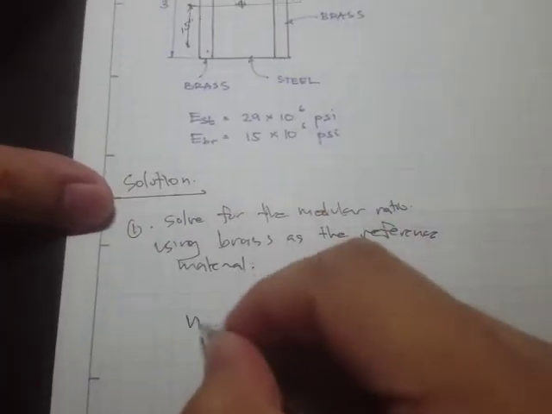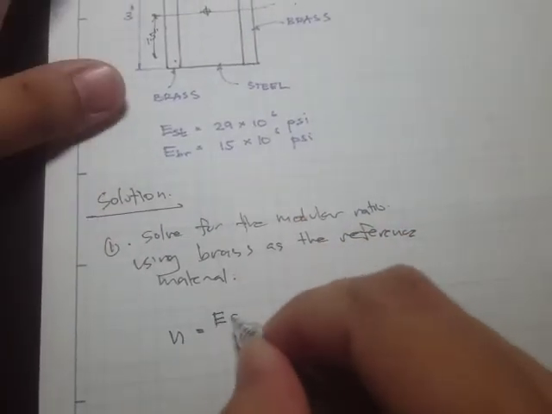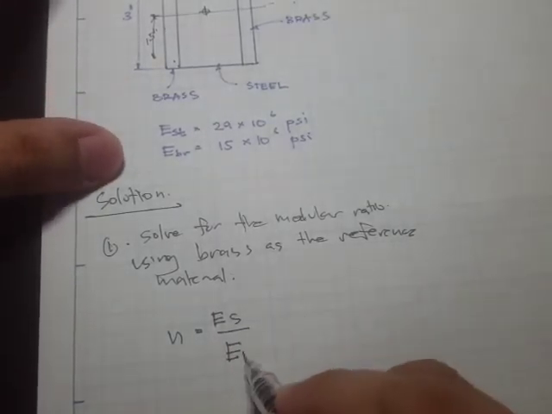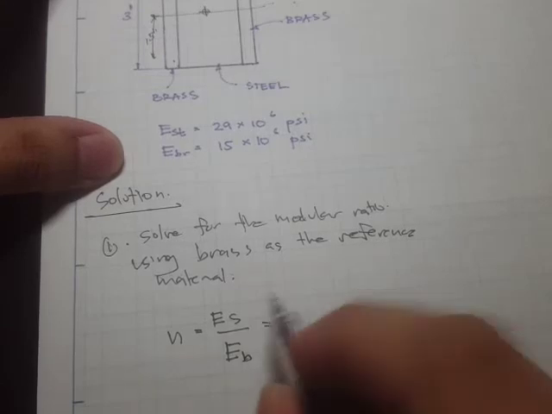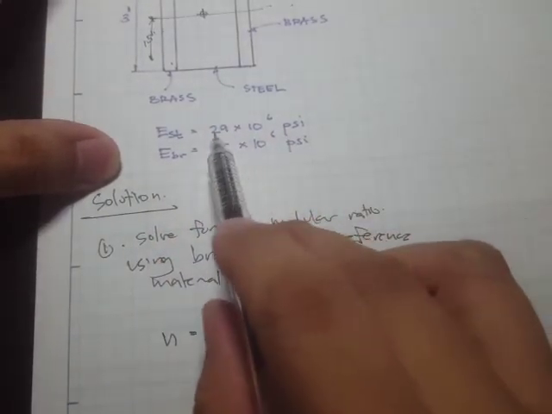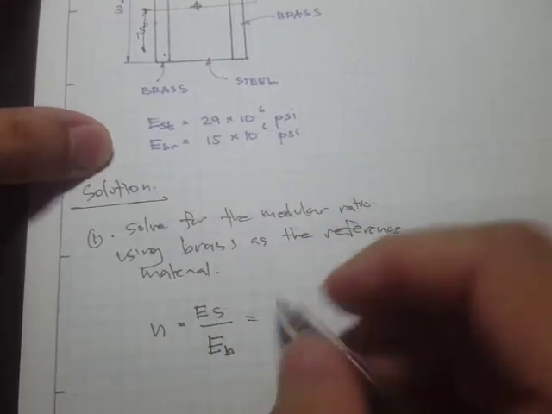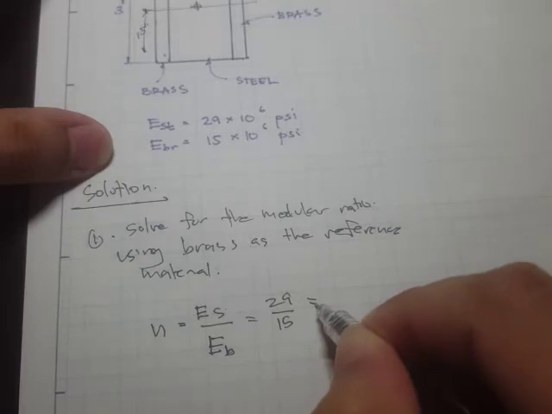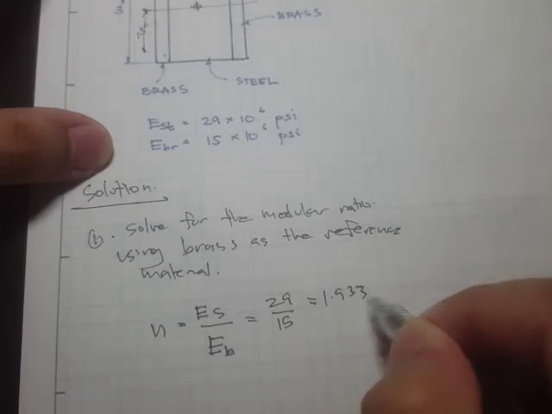So n is equal to E sub S over E sub B. E sub S is greater, stronger than the brass. This is 29 divided by 15, and what you get is 1.933. Once we have the modular ratio, then we should draw the transformed section.